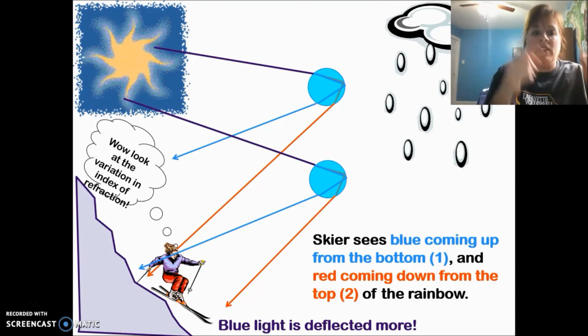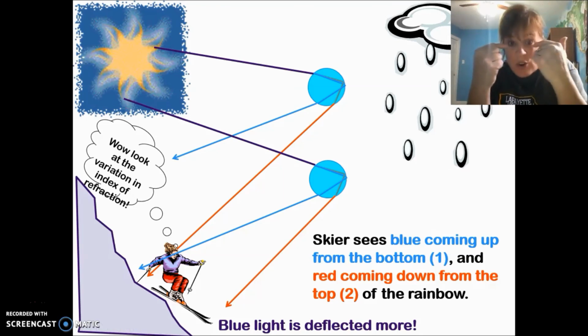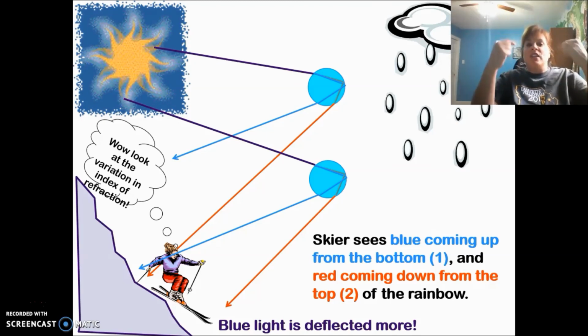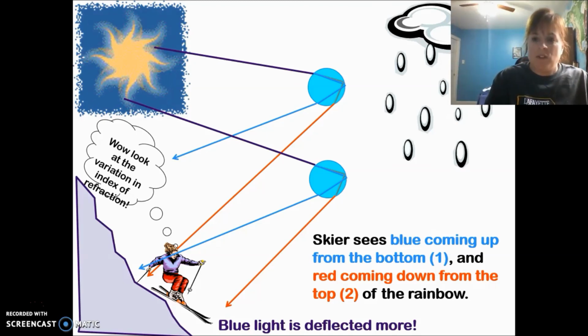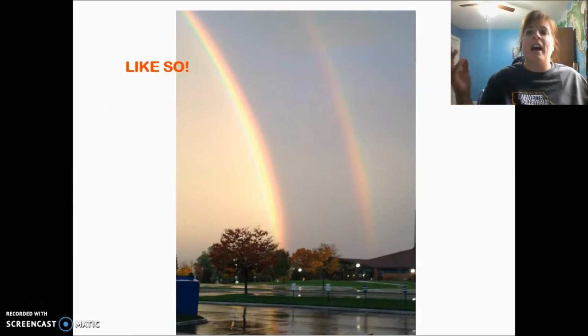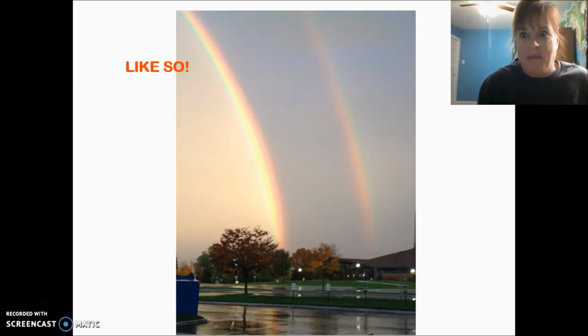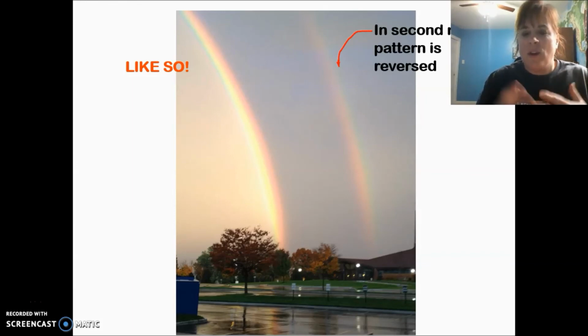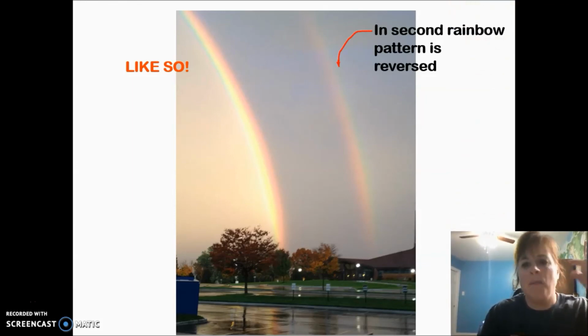And for each droplet, only the light you see is the light that actually enters your eyeballs. So the blue looks like it's on the bottom. And if you're lucky, you get a double rainbow, which is totally cool. That's another reflection back. You'll see that the rainbow pattern is actually reversed in the second rainbow. By the way, can you tell where I took this picture?